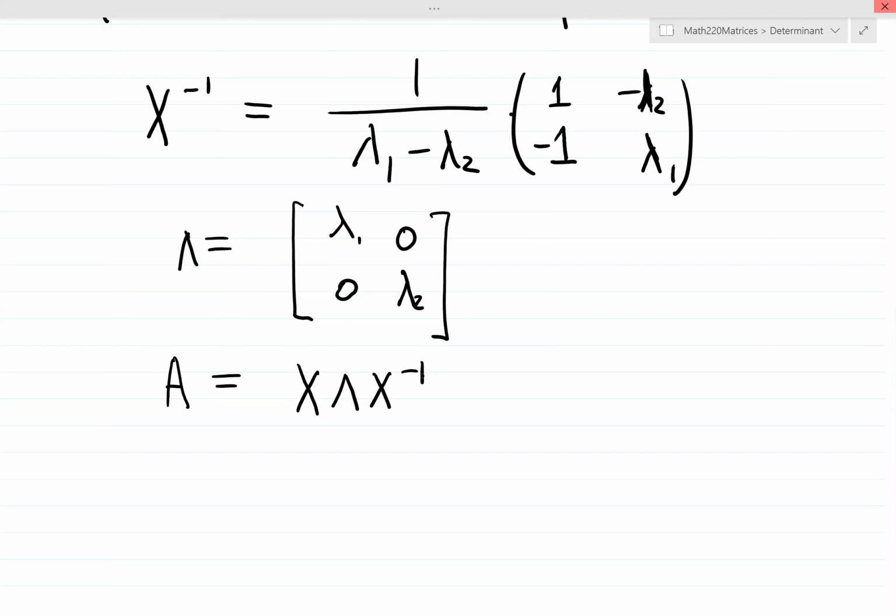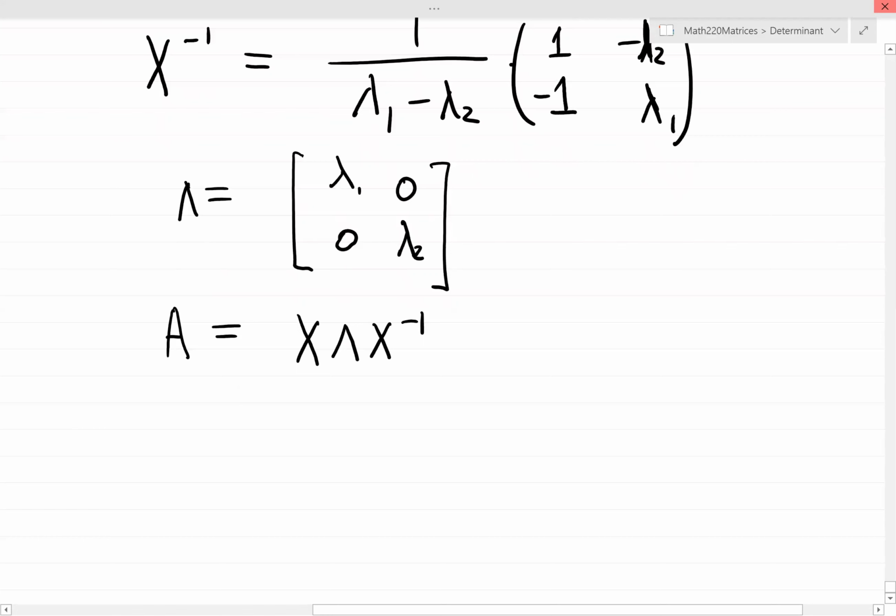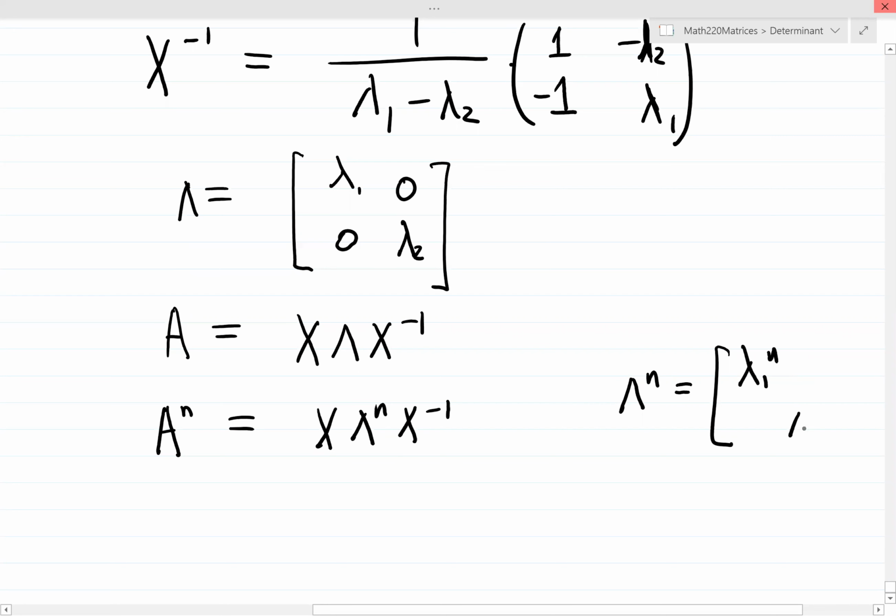Don't confuse X with X inverse, and don't confuse the order. So A to the power n is X gamma to the power n X inverse, where gamma to the power n has lambda 1 to the power n and lambda 2 to the power n on the diagonal.